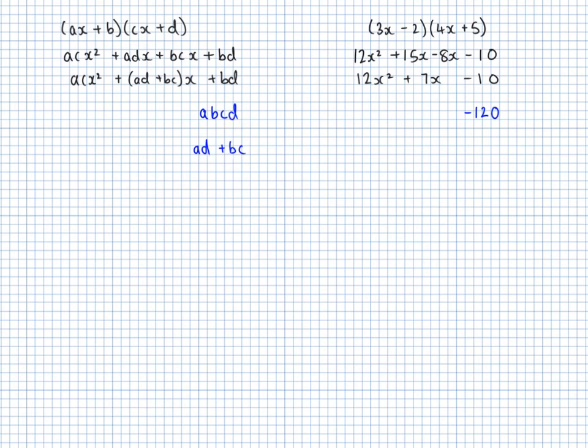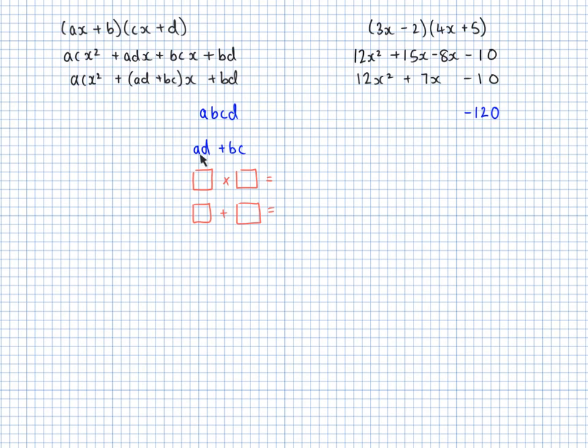Remember when we had our boxes, so I had a box times a box with a different number maybe, equaling the multiplication of this and that, and then I had the same numbers when I added them. They gave me the coefficient of the middle term.